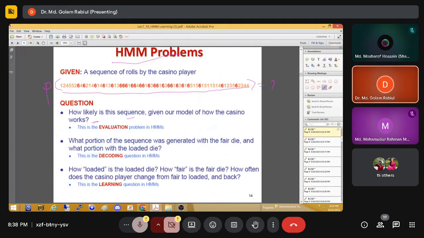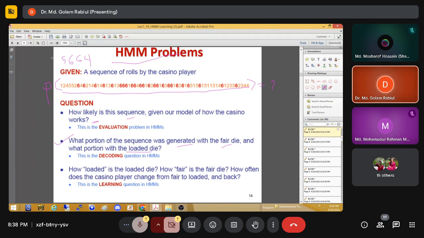The second question we can answer is, what portion of the sequence was generated by the fair die, and what portion was generated from the loaded die? Let's say the observation sequence is 5, then 6, then 6, then 4.